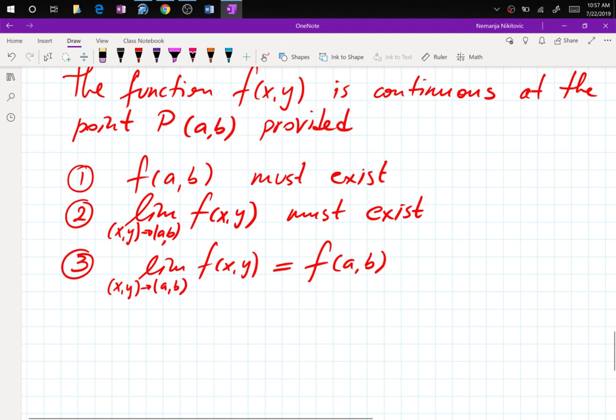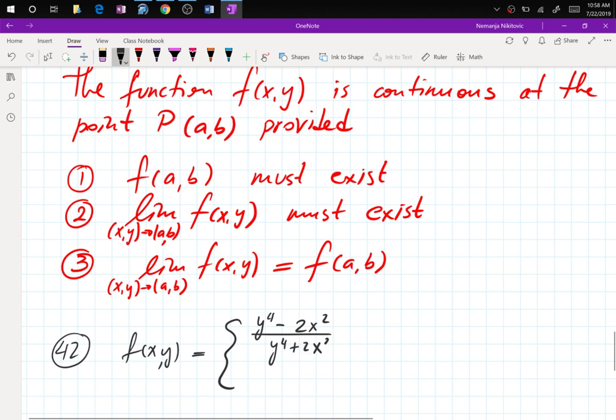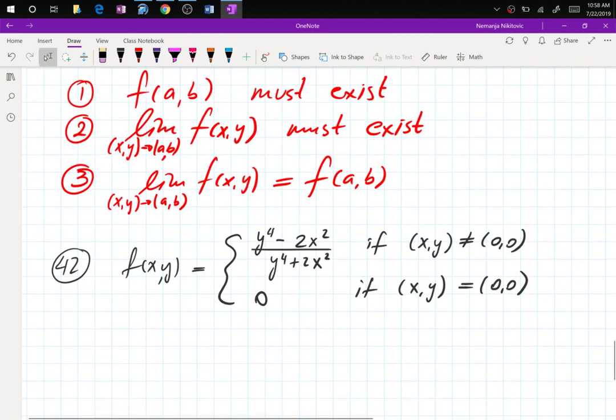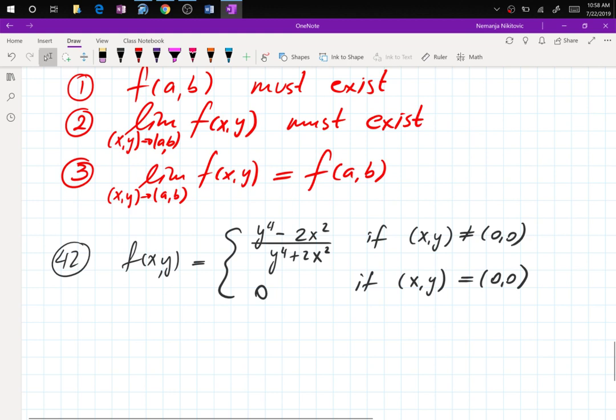Now, the best problems to consider, let's say problem 42 as an example. The function is divided by y to the 4 plus 2x squared, and 0 if (x, y) is (0, 0). By looking at the problem statement, you see that the issue is at (0, 0).